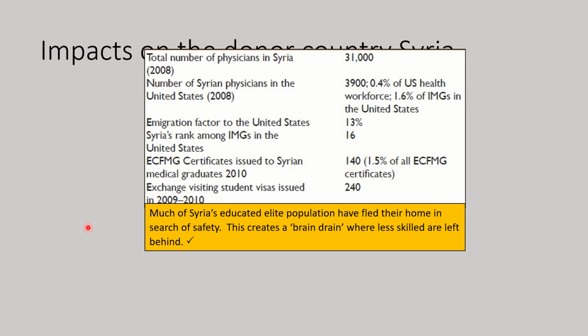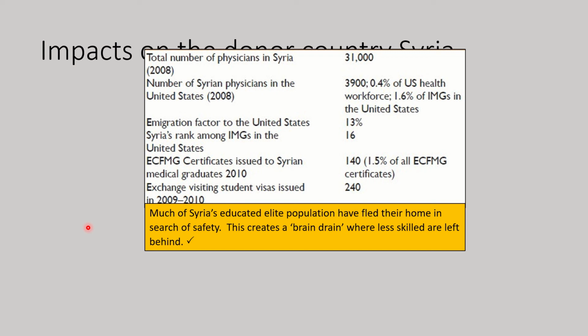You can read the statistics on the screen for yourself, but basically, the most educated elite professionals in Syria, for example, let's say surgeons and doctors, not only are they going to have the money necessary to flee in a civil war situation, because in that situation, you would need to have access to someone who can get you a passport, perhaps, or someone who can provide you transport.